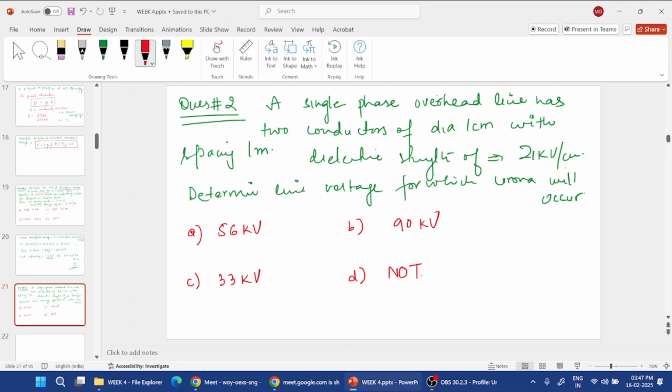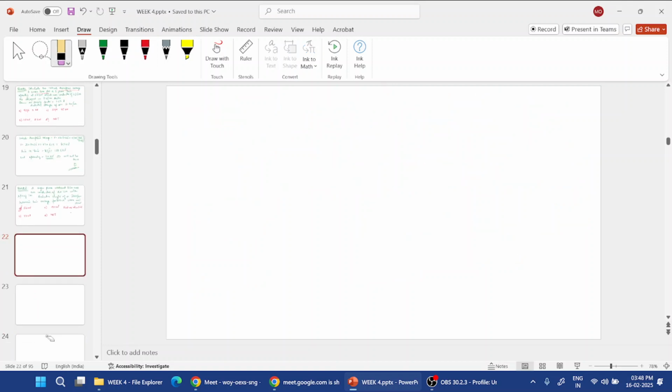So it will come out to be option A. First, we calculate the disruptive voltage on the similar lines, 21 into all those values, and based on that, you can calculate the answer. It's a simple question.